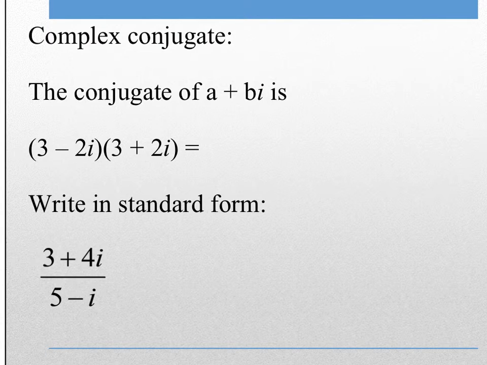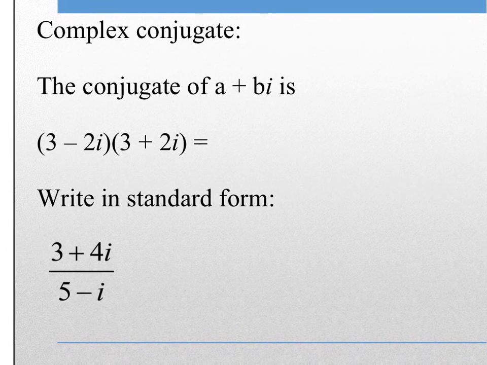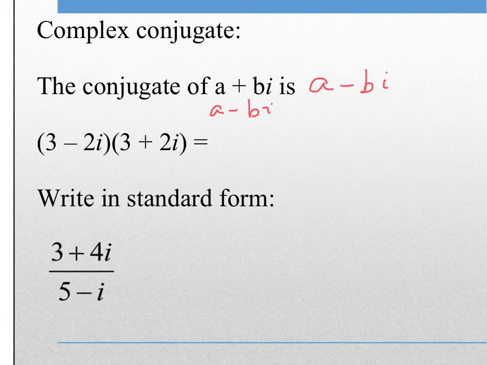Alright, so a complex conjugate we're going to treat the same way as a rational conjugate. The conjugate of a plus bi is a minus bi, and vice versa. If you have a minus bi, the conjugate is a plus bi. Okay, so what we have here are conjugates. These two are conjugates of each other.